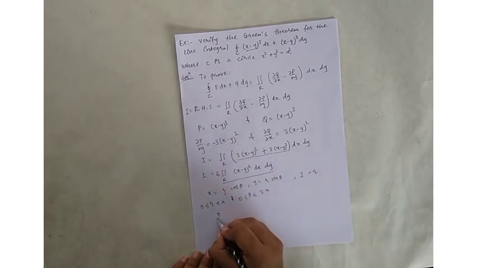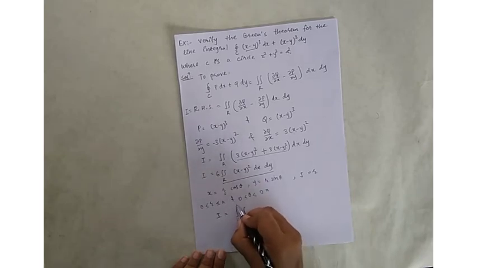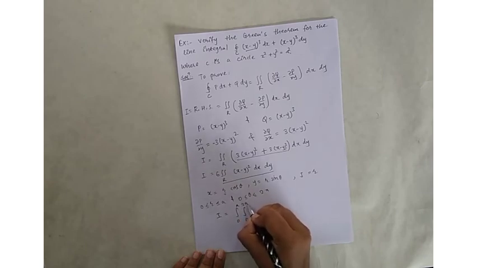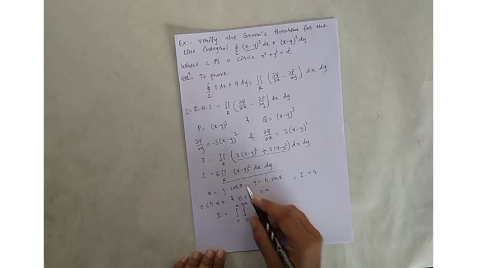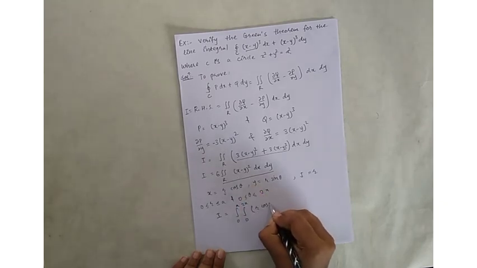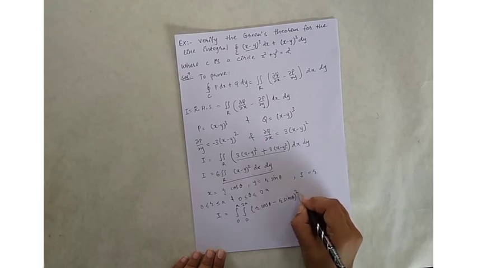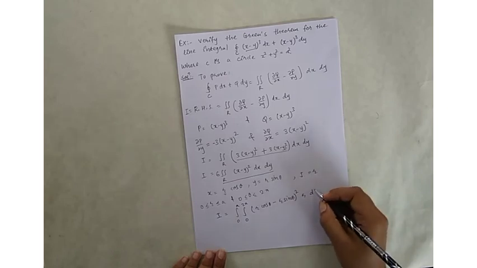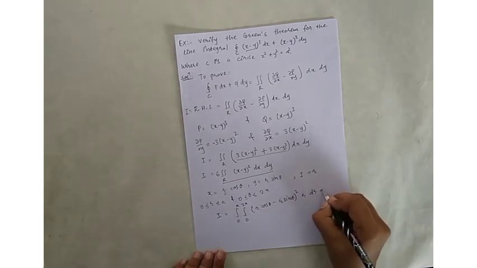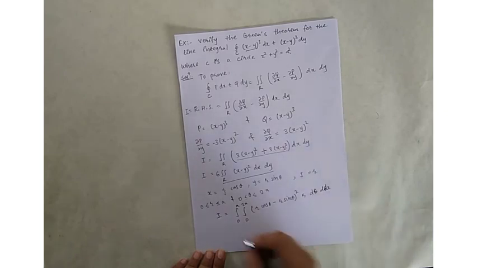So now my integral will become a double integration, put these two values: first 0 to a and then 0 to 2 pi of (x minus y) whole square. So put the value of x, that is (r cos theta minus r sin theta) whole square. Put the value of Jacobian, that is r, and dr d theta.